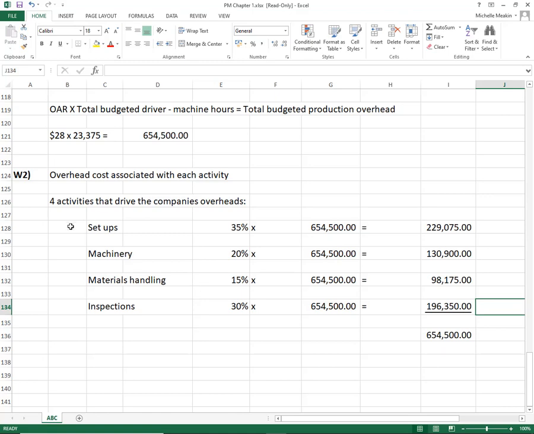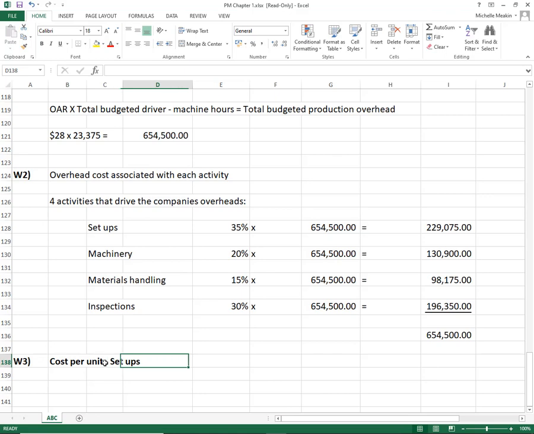So I now know how much overheads sit in each of my cost pools. I now need to look at what drives each of those cost pools. So I'm going to look at each one individually. So working number 3, I'm going to work out what is my cost per unit for setups, first of all.